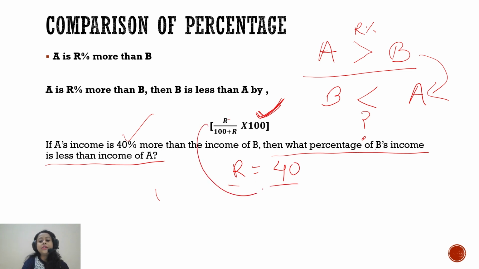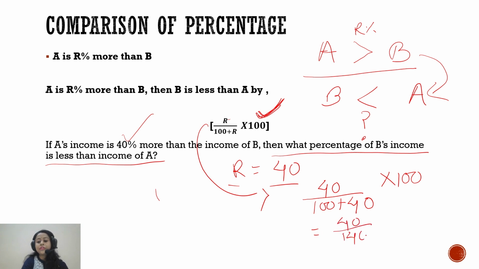We will simply use this formula: 40 by 100 plus R, that is 40 into 100, and 40 by 140 into 100, right? So you will just simplify it. Okay, and after simplification you will just simplify it.